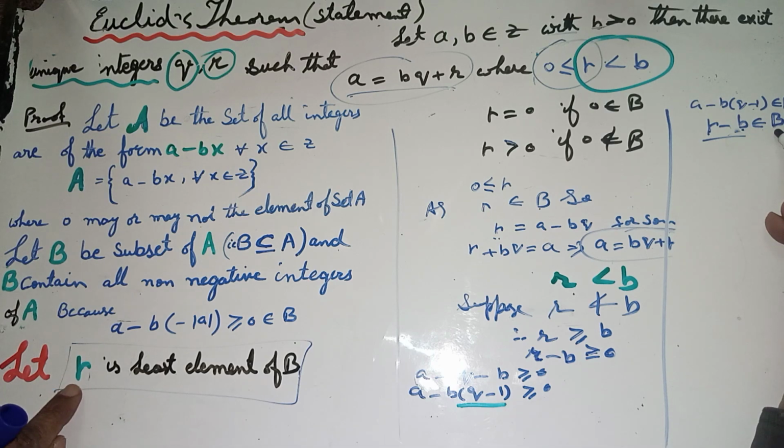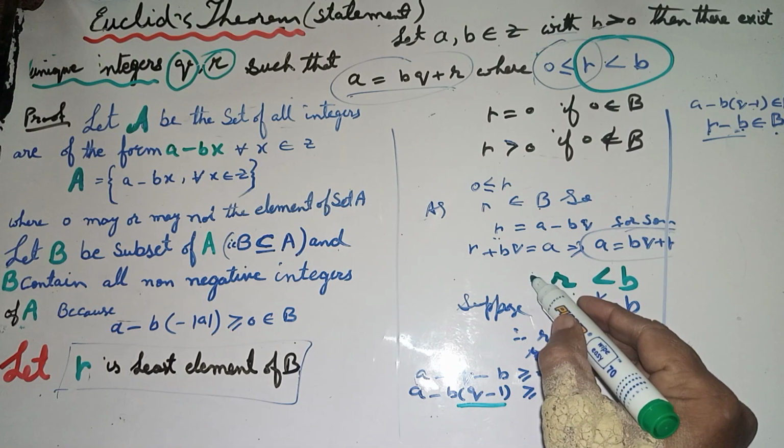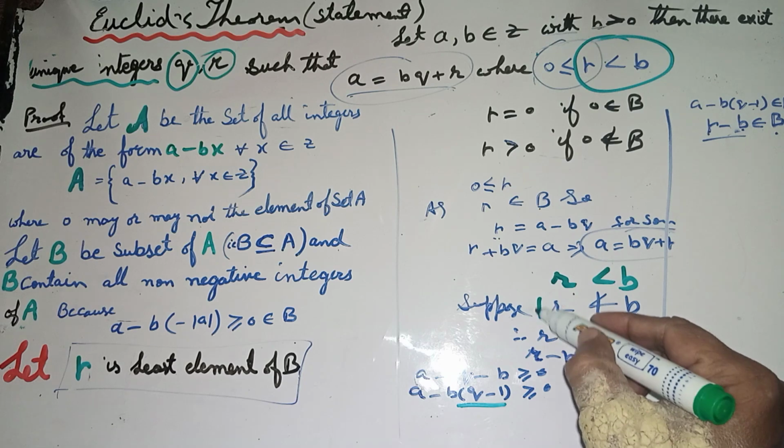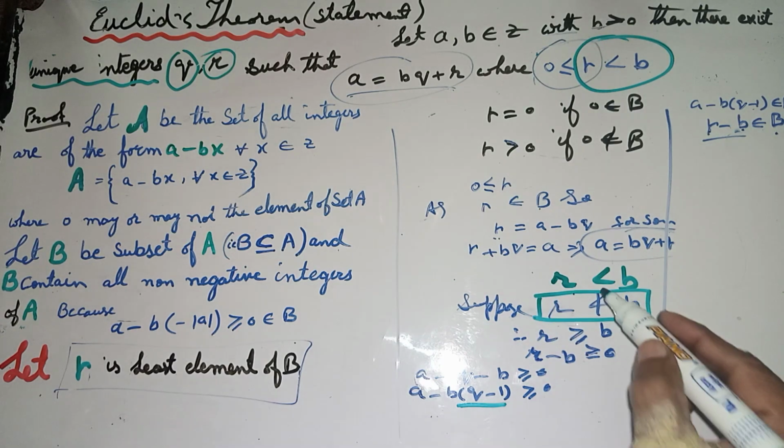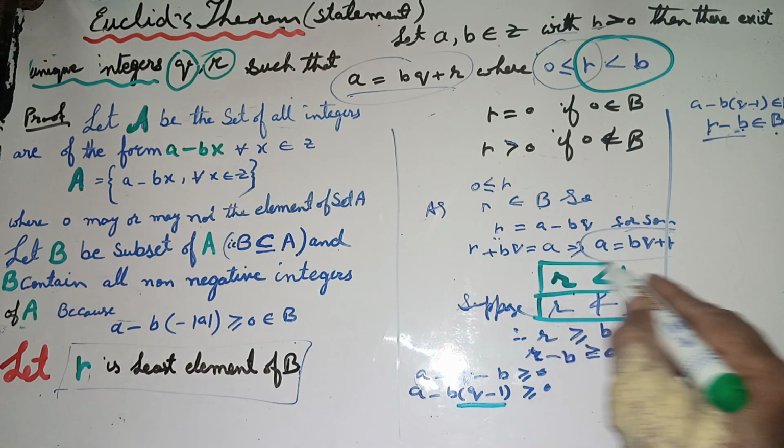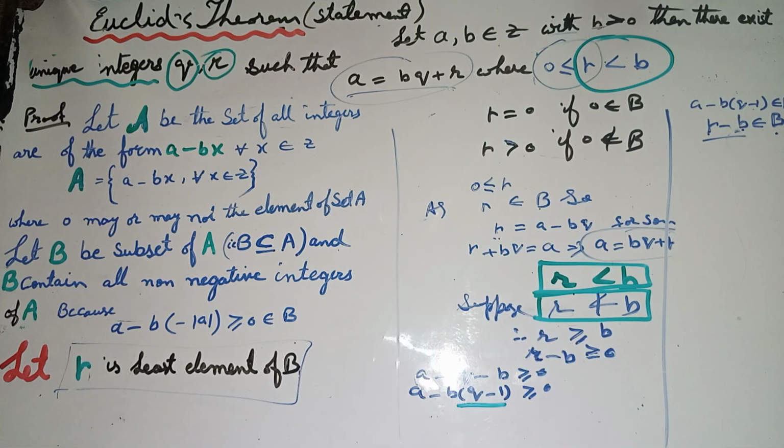So we see that if we subtract something from r, it is a member of B. But what did we say here? r is the least element of B. So what goes wrong? This is a contradiction. We negate this truth. What is wrong? Our supposition is wrong.